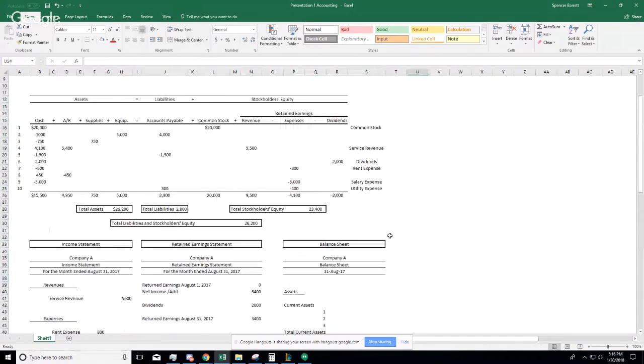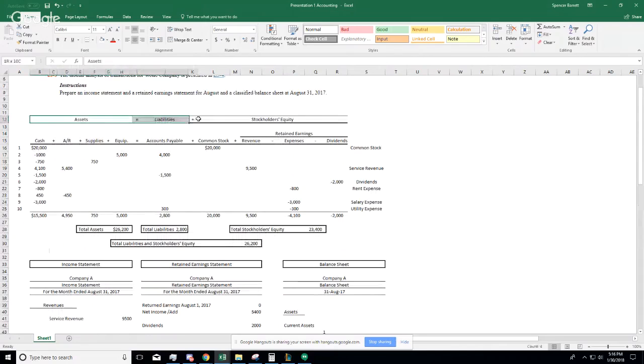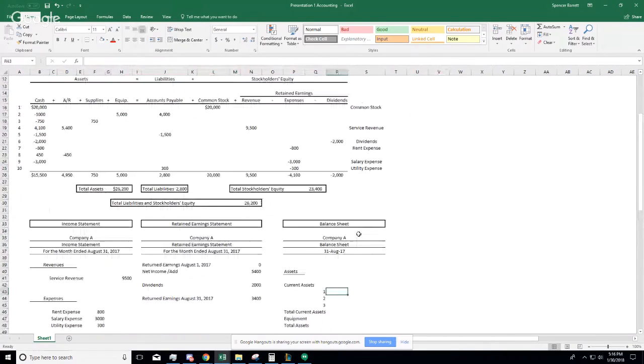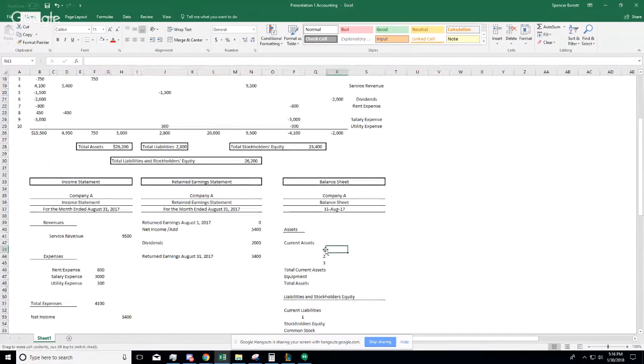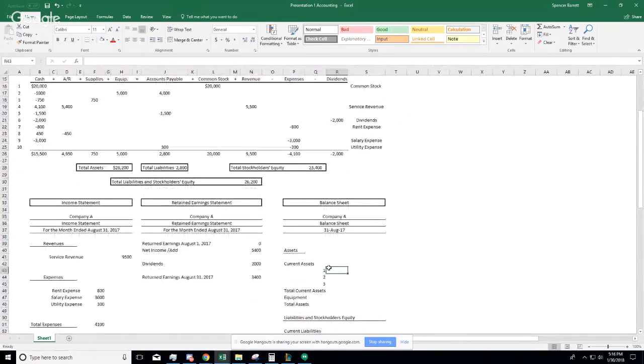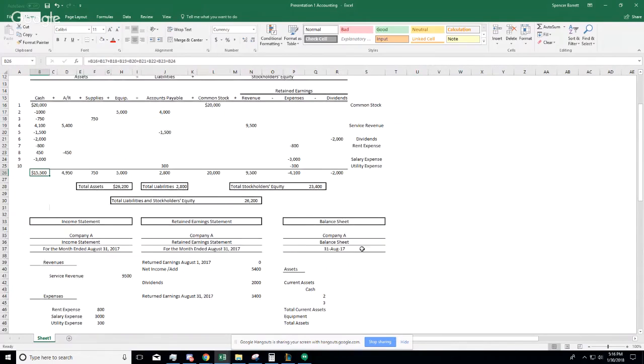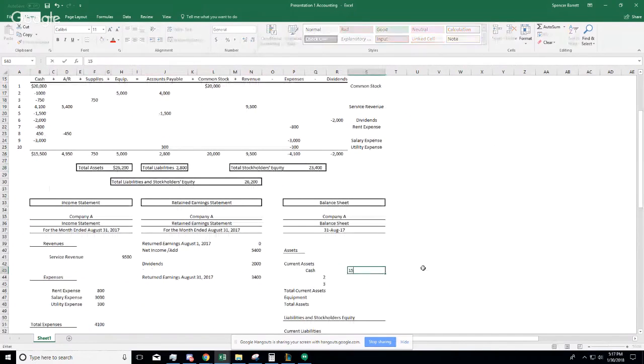So moving on, we want to check the balance sheet here. We did it the long way, but we know that the total liabilities and stockholders' equity equals the total assets, just like this equation shows. But now we have to account in a more feasible way for our assets. The first asset that I'm going to put down here will be cash. We had 15,500.